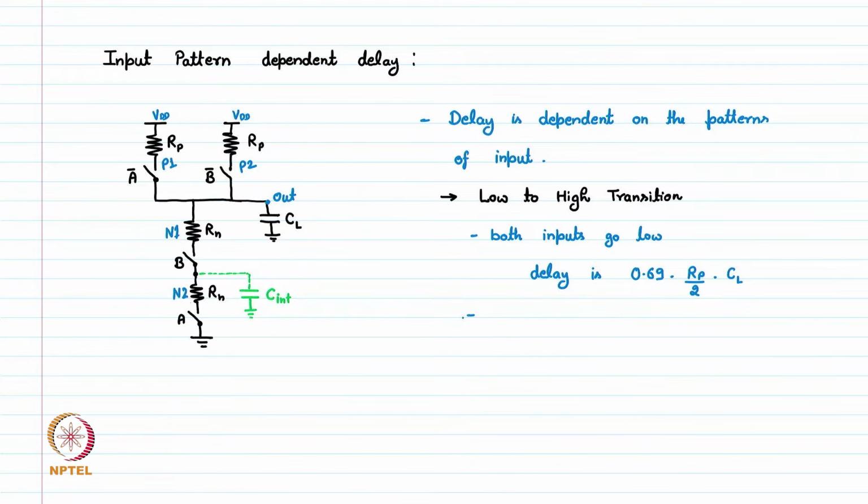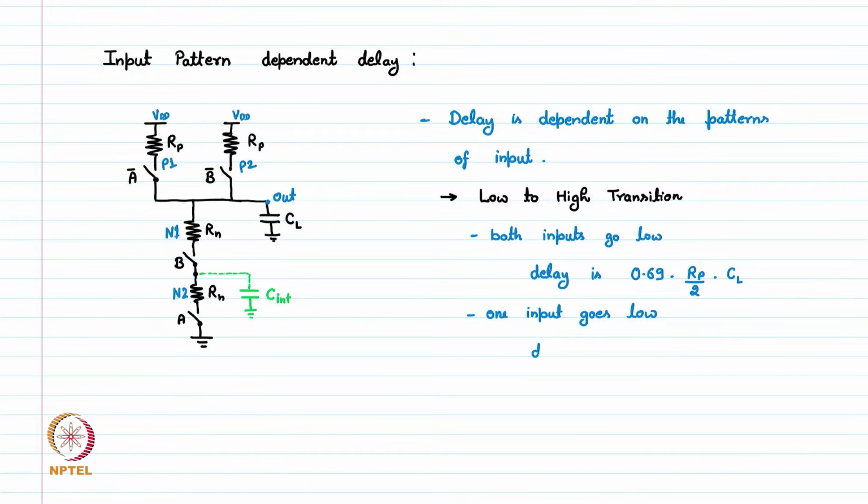In the other case, when one input goes low, it means either P1 is on or P2 is on. So the output node is getting current only from one, the other one is off. So the effective resistance is Rp only.